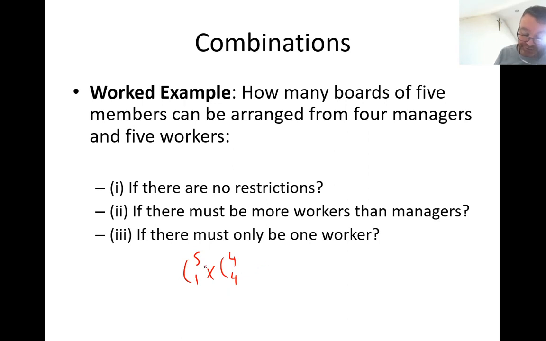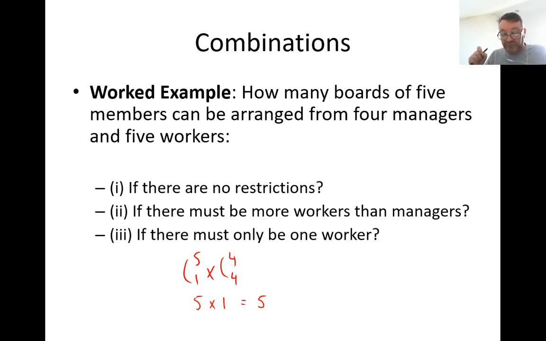So therefore, what does that give me? 5C1 is 5. 4C4 from your calculator is the same as 4C0, which is 1. And that gives you 5 times 1 is 5 different ways. And again, think about it. If you pick 1 worker and you want to pair them off with any of the 4 managers, well, that's going to be what?